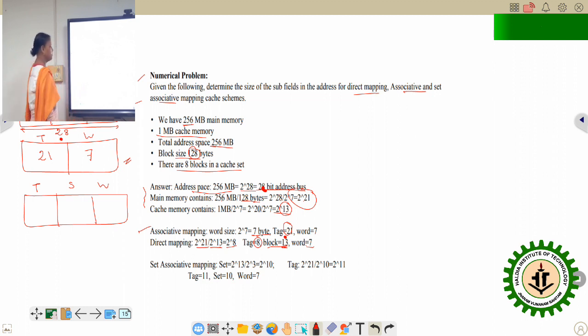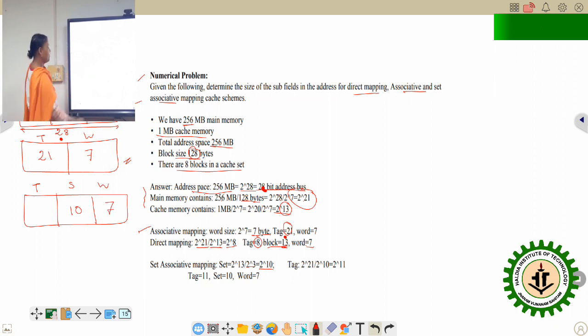Total is 28. And finally for set associative mapping, how do we calculate the set number representation? 2 to the power 13 for the cache divided by the block number 2 to the power 3, the number of memory locations present in a set. So 2 to the power 13 divided by 2 to the power 3 is 2 to the power 10. So set value is 10. The word is 7.